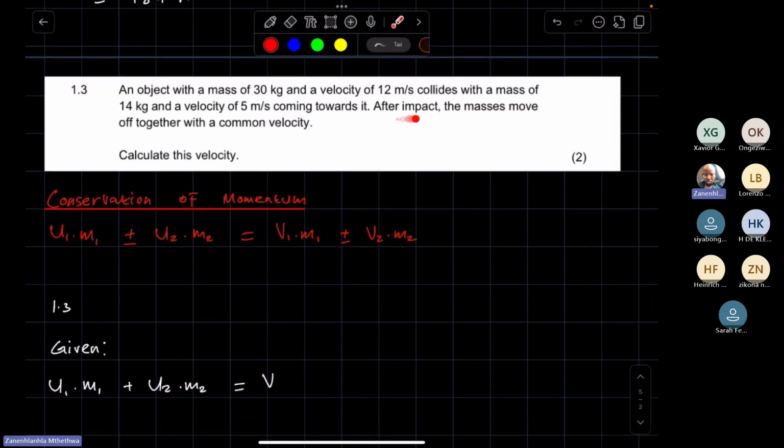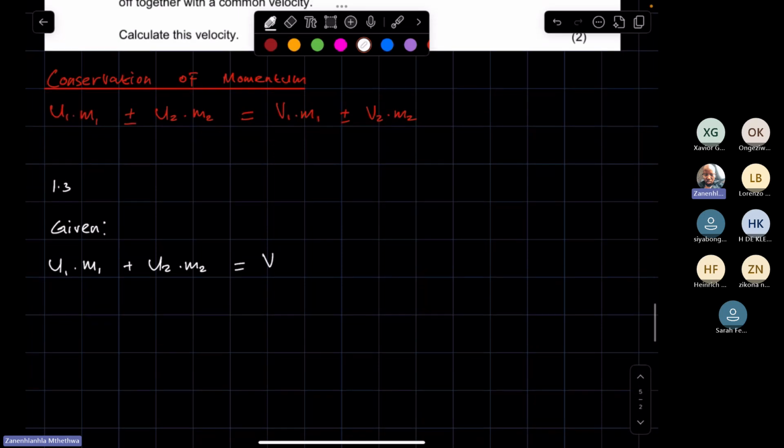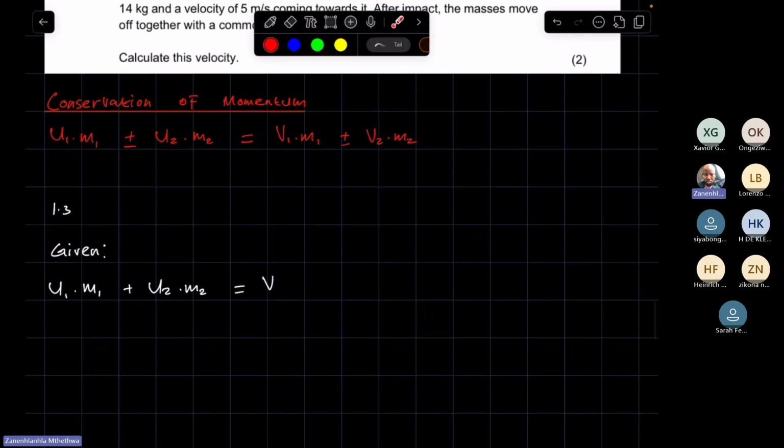They said after the impact, the masses move off together with a common velocity, meaning that the final velocity for both is the same. So because it is the same, we don't necessarily have to call the final velocities V1 and V2. We can simply just call it V because it is the same.